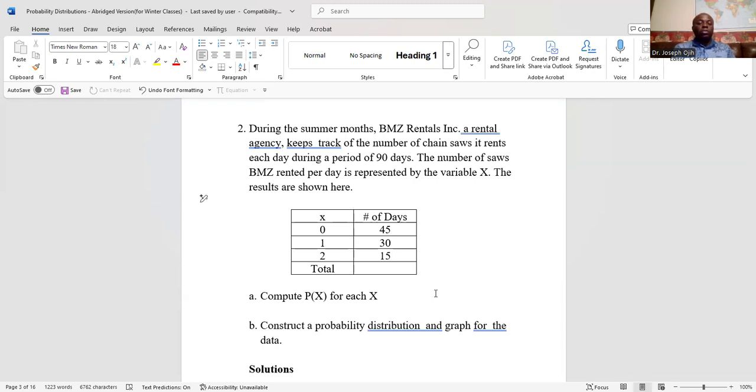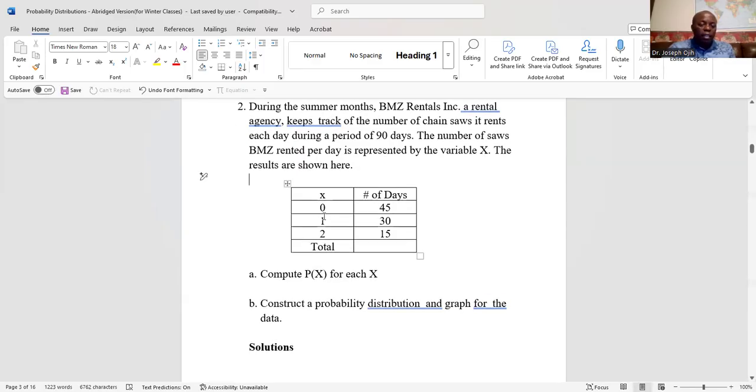The number of saws BMZ rented per day is represented here by the variable X, and the results are shown here. No saws were rented in 45 days. One saw was rented in 30 days, 2 in 15 days. It says compute P(X) for each X. That means calculate the probability for each of the X's here.